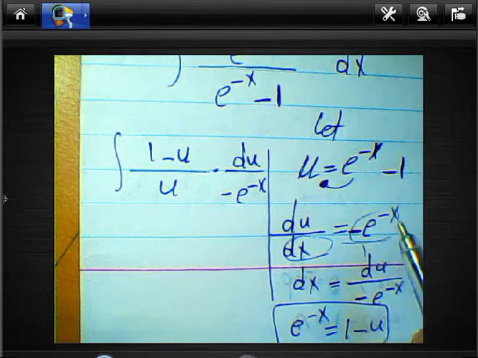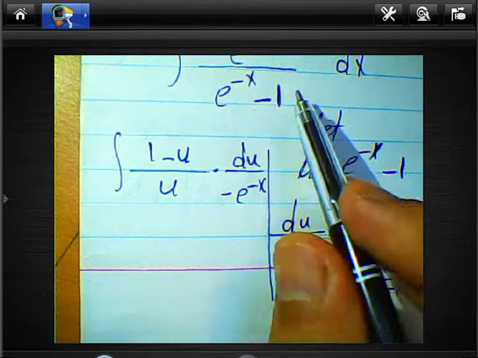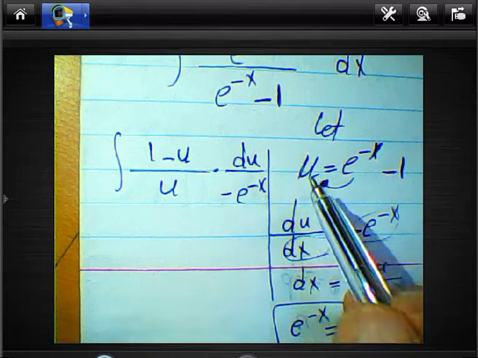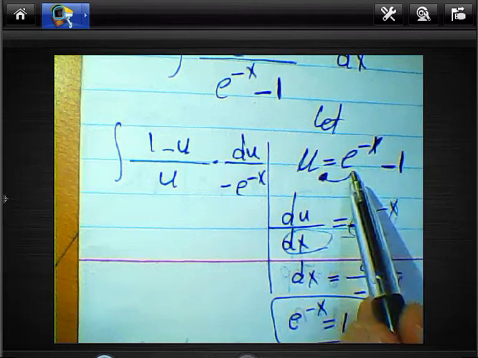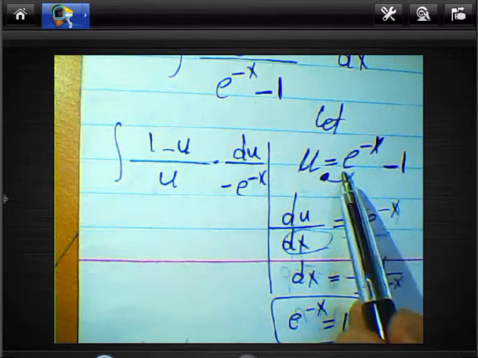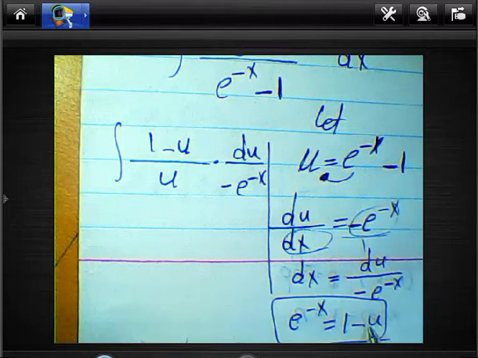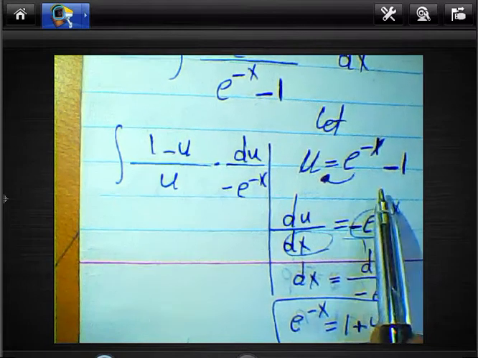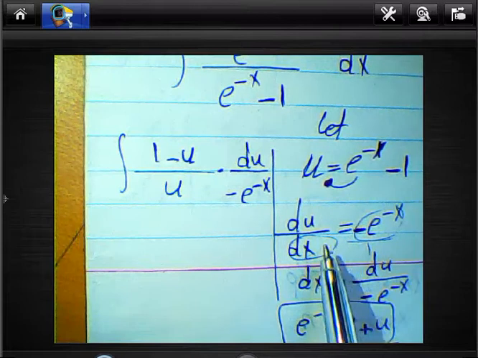In this example e power negative x equal what? Equal u plus 1. e power negative x equal 1 plus u.